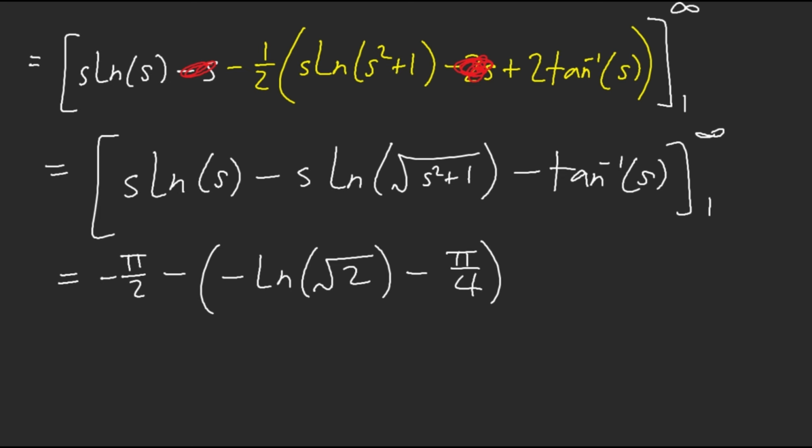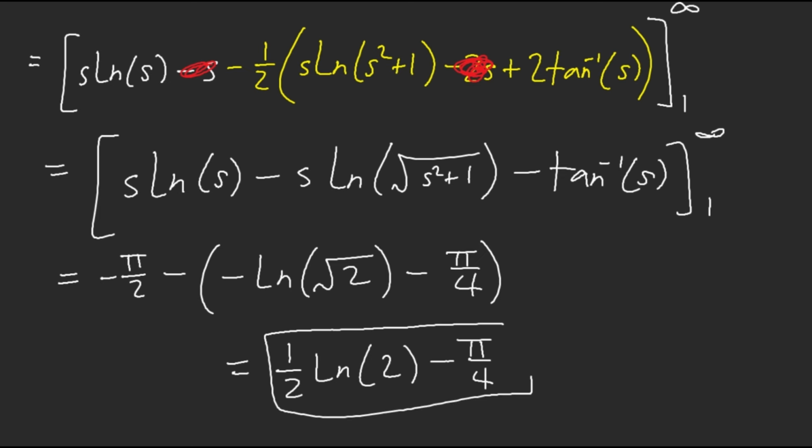Okay, so what we have here is this pi over 4 minus pi over 2. So our answer would be a half of ln of 2 minus pi over 4. Okay. Holy hell, well there you go.